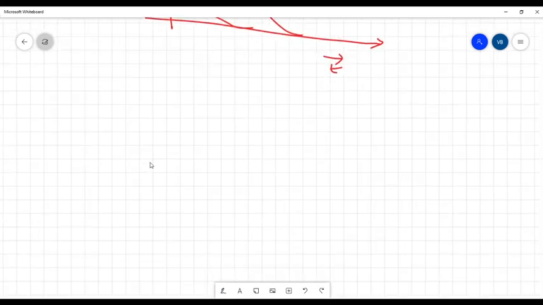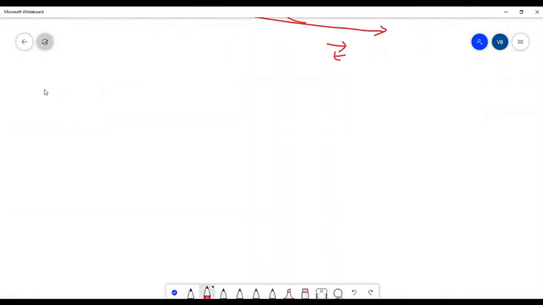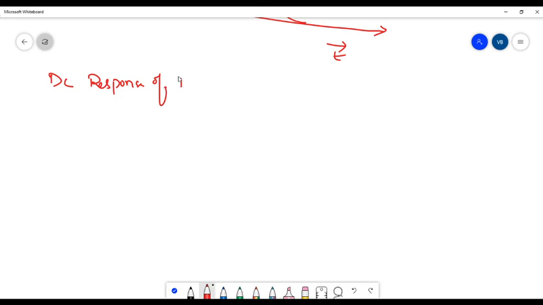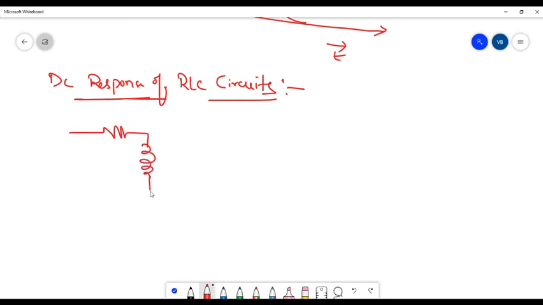Next we'll go for the DC response of the RLC circuit. Same pattern, just we are going to take three components in series. So here I am taking a resistor, an inductor and a capacitor.